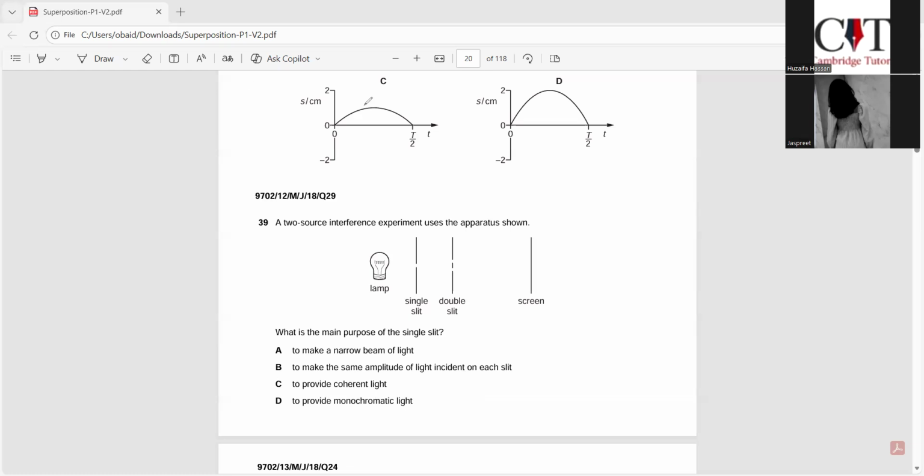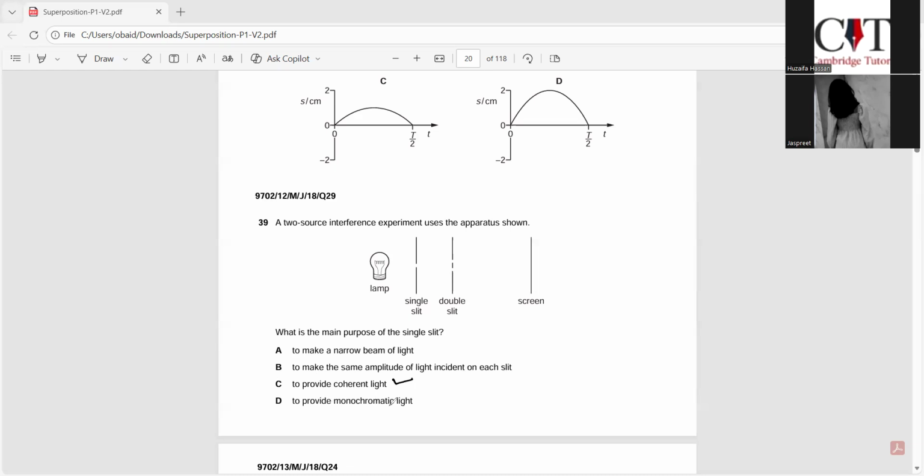So whenever the light diffracts, we can see that the phase difference is constant, because when the phase difference is constant, then interference can happen. So this point is right. Okay, so part C is right.